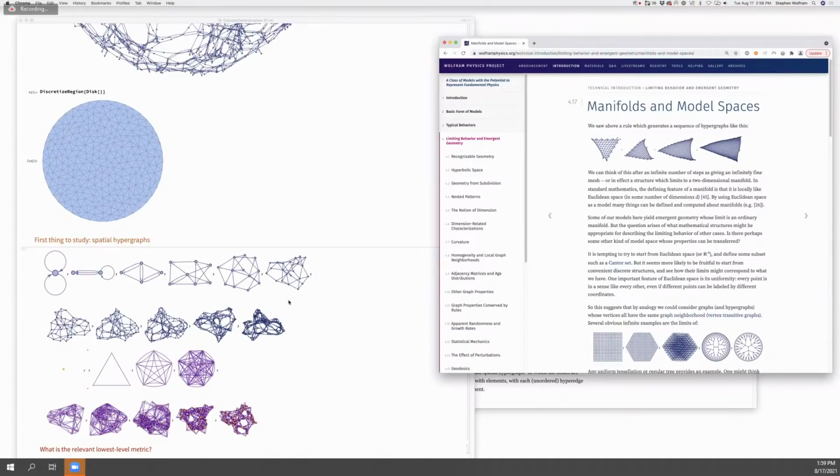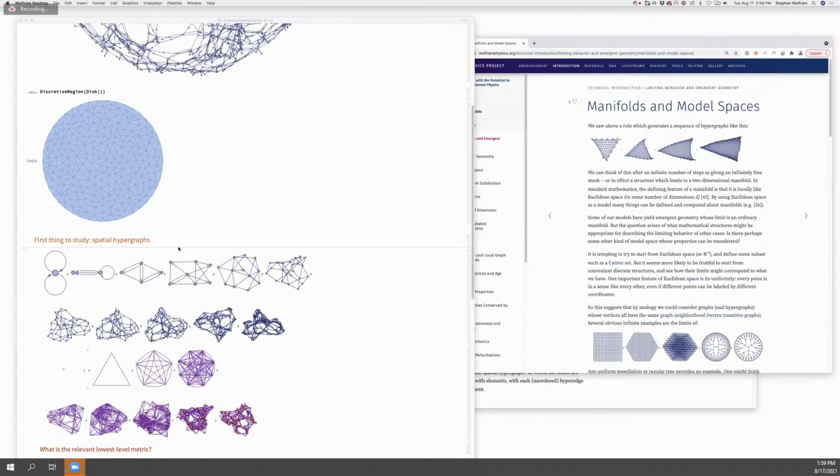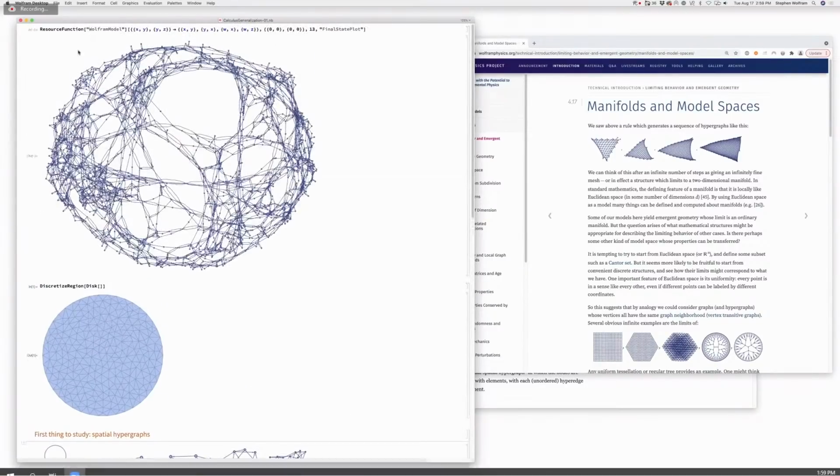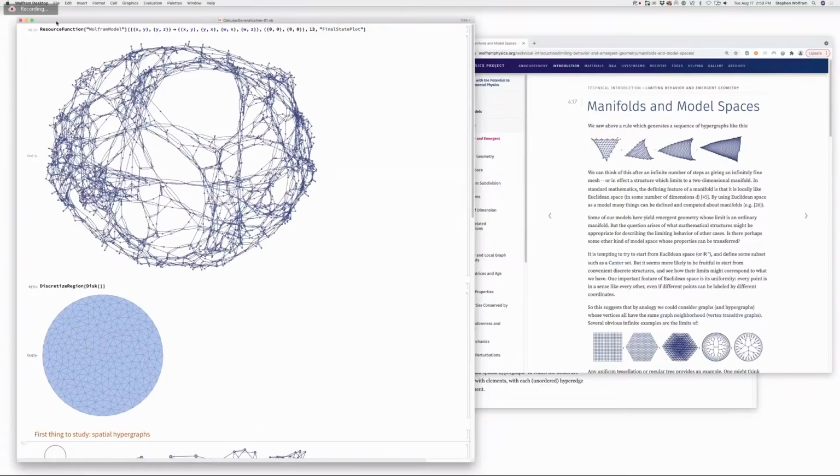Okay, but so, first question is, what are the objects we're looking at? The first thing that I think we should do is look at these spatial hypergraphs obtained by these sort of standard update orders. Am I making sense? Do people understand what I mean by that? Mm-hmm. Yes.